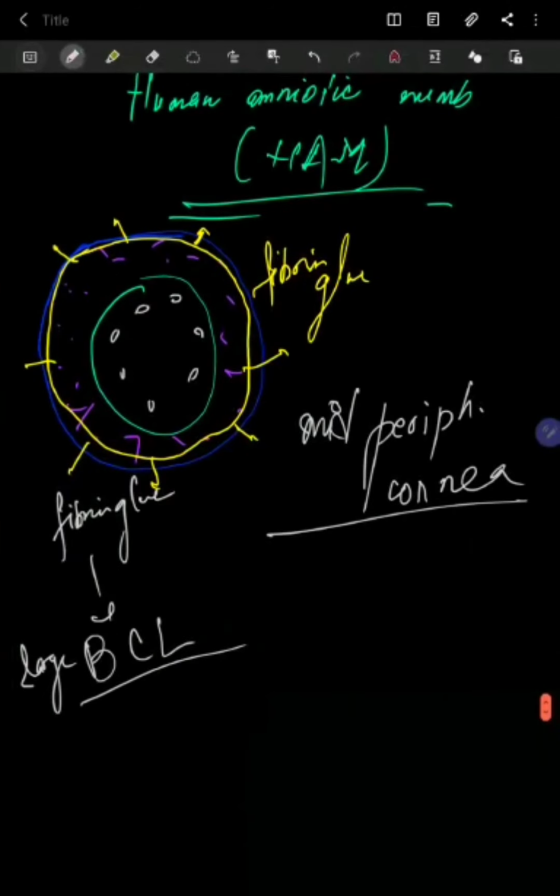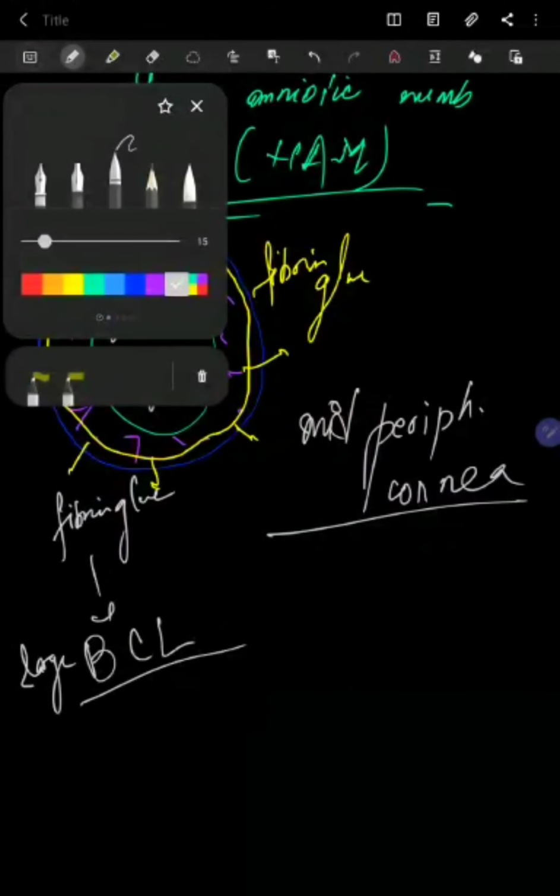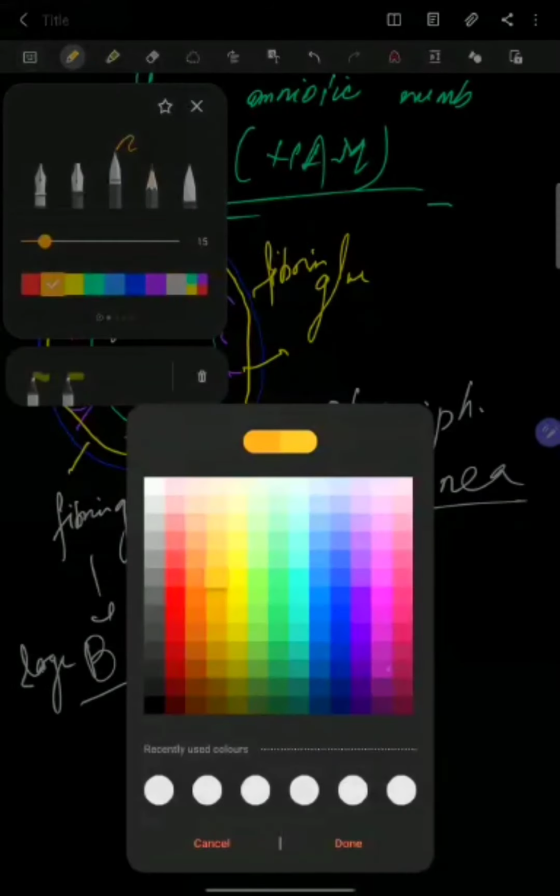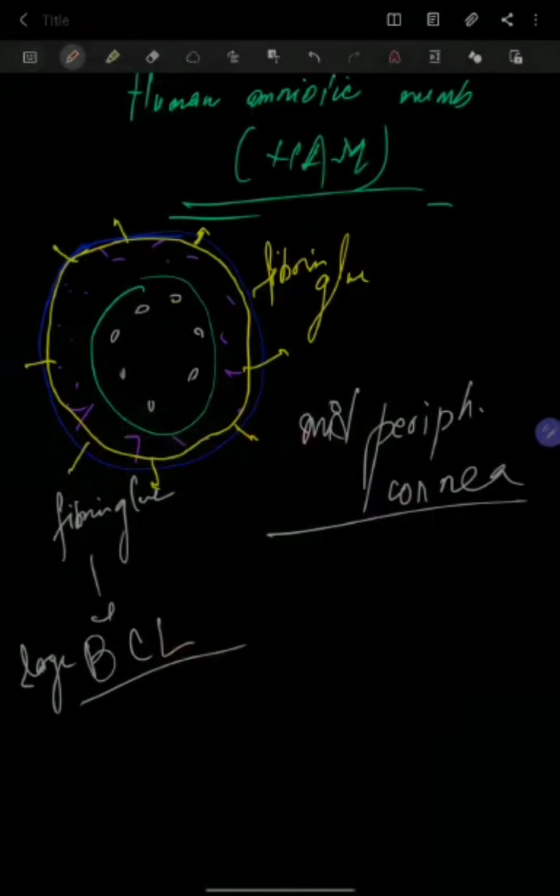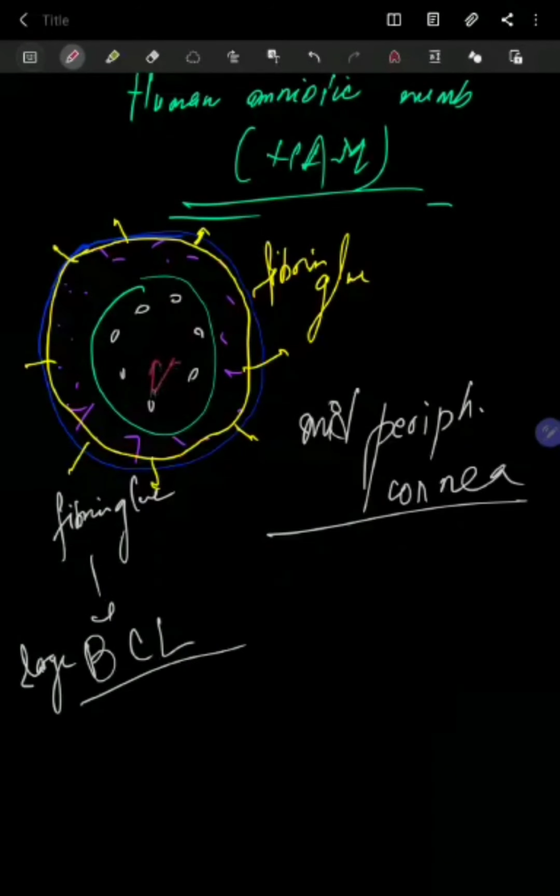So what happens in this setting is that there is a differential growth. Now see, this will grow in all directions, this will grow in all directions, likewise. So this center is no longer the area which will grow last.